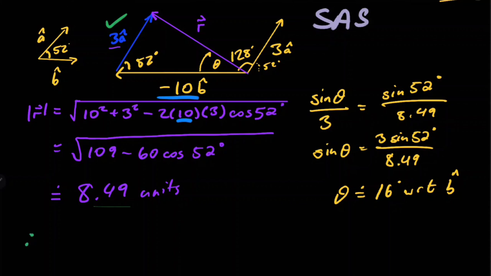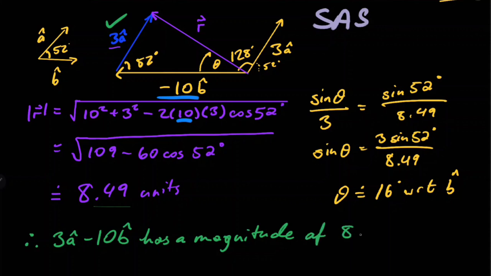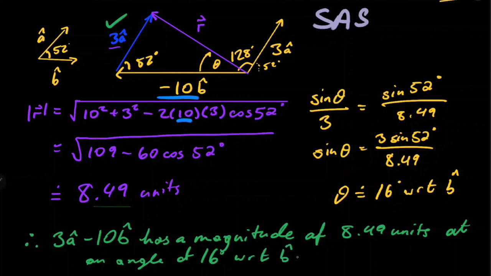Alright, so therefore, what's this expression again? 3 vector A minus 10 vector B has a magnitude of 8.49 units at an angle of 16 degrees with relation to vector B. That is my full solution to Unit 1, Question 1.